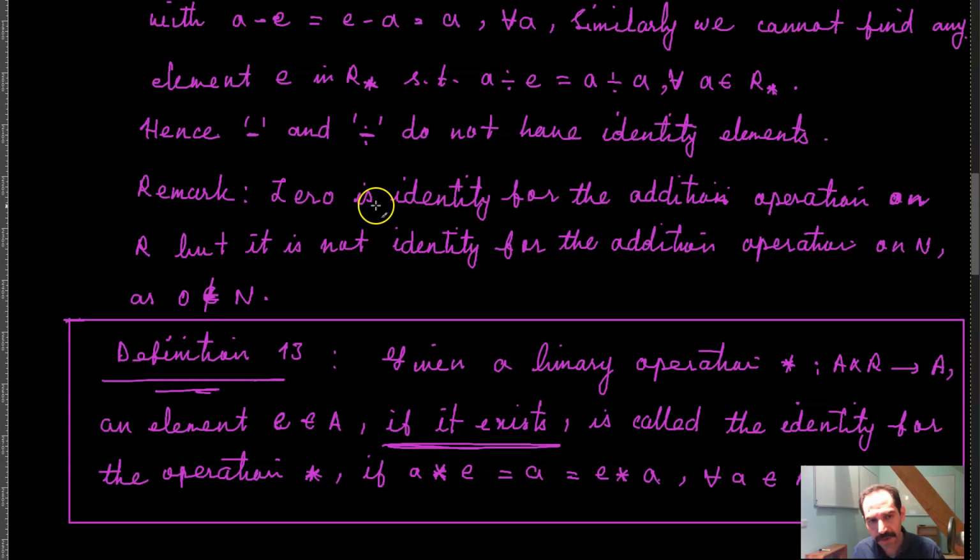And so, as a remark, we said that 0 is the identity for the addition operation on R, but it's not the identity for the addition operation on N, as 0 does not belong to N, right?